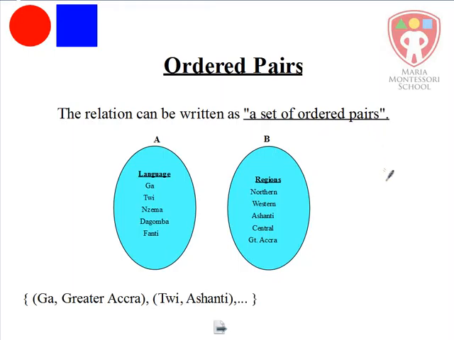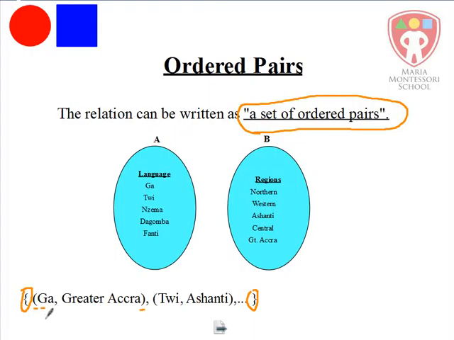So, you see the information in the two sets, once we put them together in pairs, are called a set of ordered pairs. A set of ordered pairs. And as all sets, it is written in curly brackets. But the ordered pairs are written within the normal curved brackets.